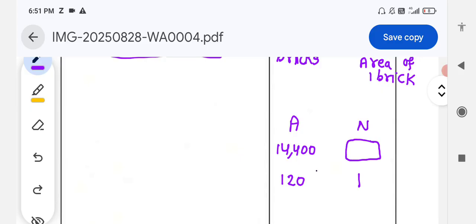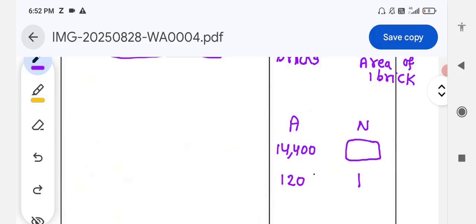I hope you understood what I am doing here. Area I wrote on one side and the number of bricks on the other side. For the total area, we need to find how many bricks there are in total. If it is 120 square centimeters, that is the area of one brick.